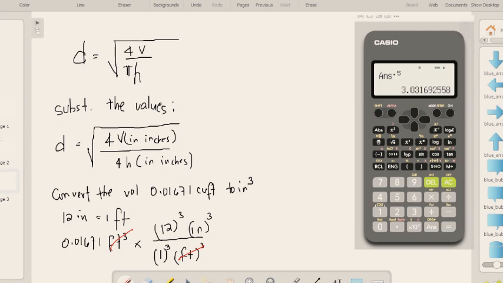So we can cancel the cubic feet, and what is left here is 0.01671 multiplied by 12 cubed, and this time it is now cubic inches. It's no longer cubic feet.